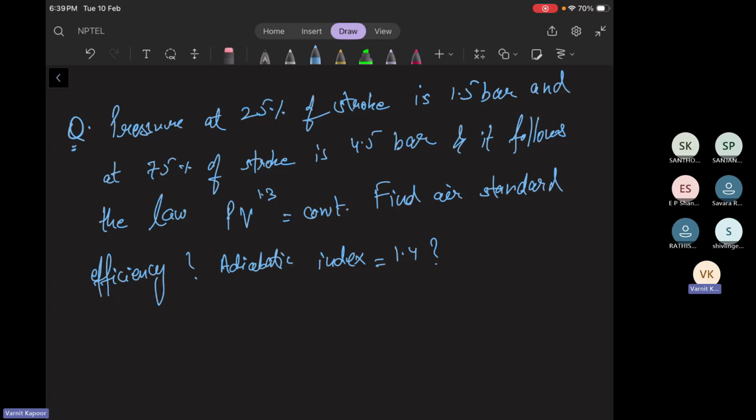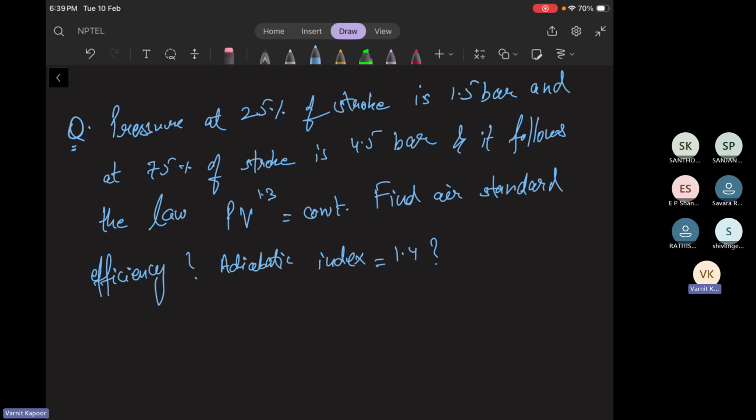So which value will the answer come through, 1.3 or 1.4? For calculating Vs by Vc, I took the polytropic index, and for finding the efficiency, I took the adiabatic index. Okay.